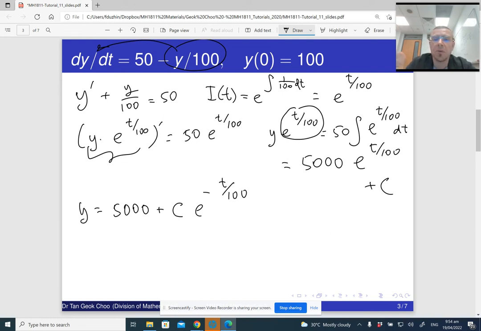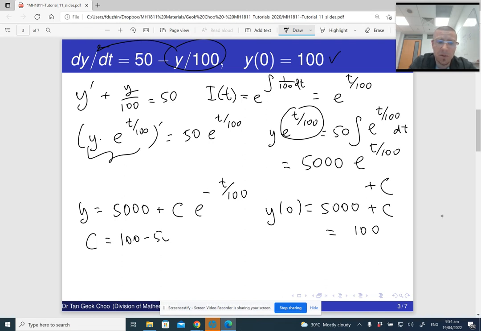Now we've got to use our initial condition, right? So y of 0 is going to be 5,000, replacing t with 0, plus c times e to the 0, which is just 1. This is supposed to be 100. Solving for c, I get c is 100 minus 5,000, which is minus 4,900.